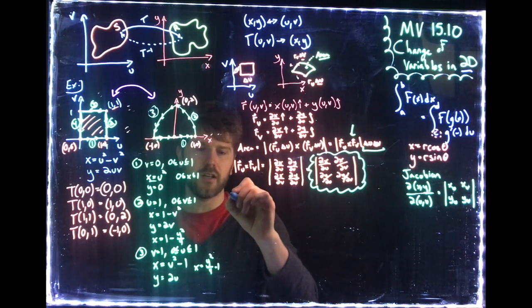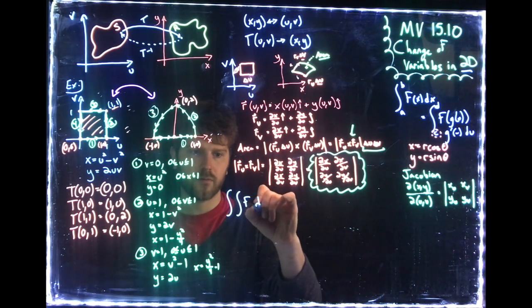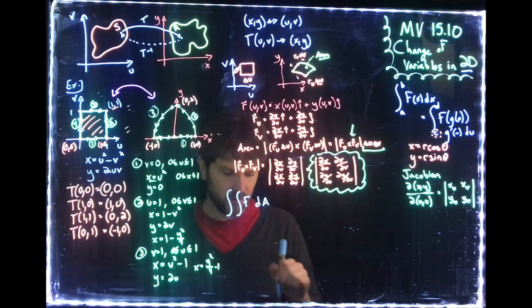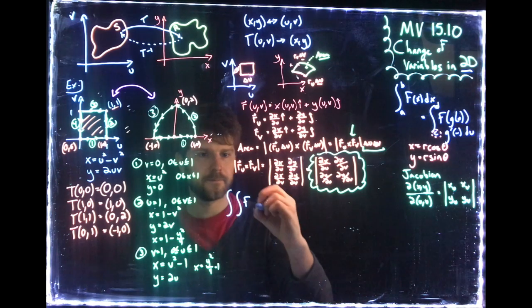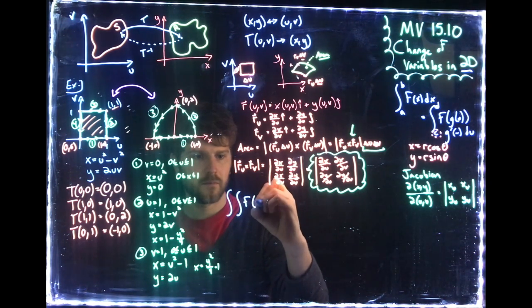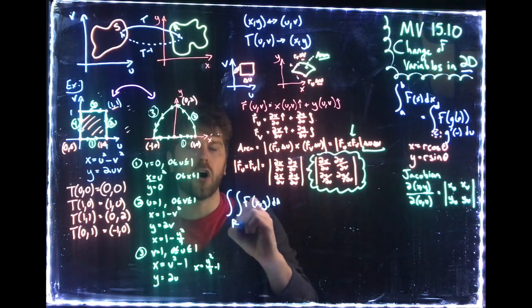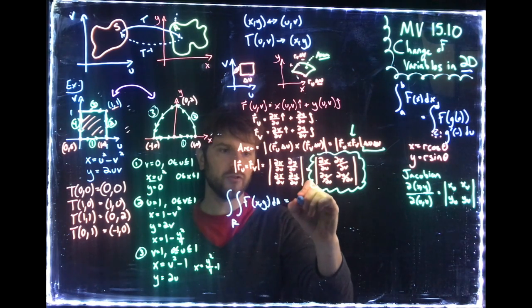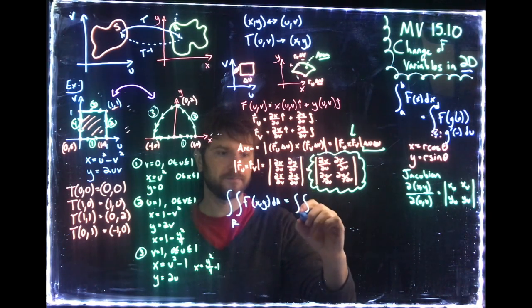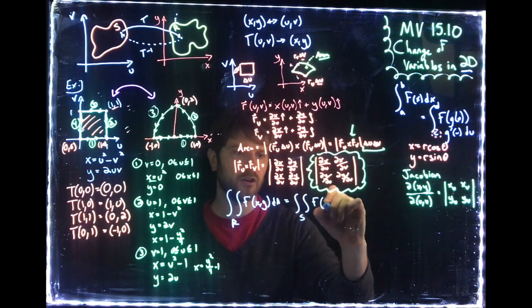If we start in x and y, if we have some function of x and y, dA, over our region R in the xy plane, we can turn this into an integral in the uv plane by, first of all, converting our integral to u and v.